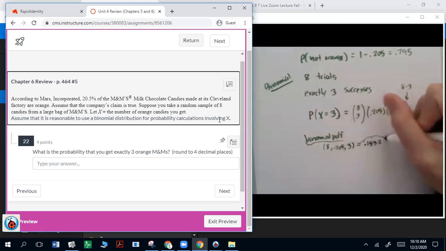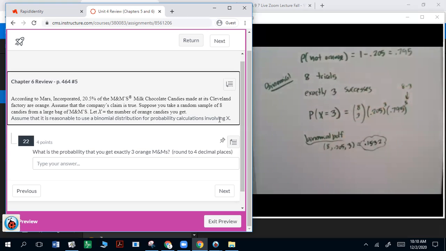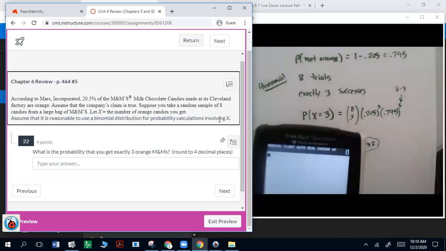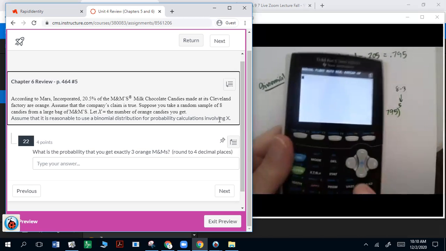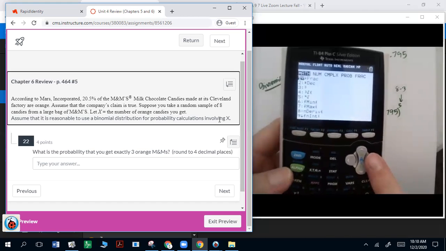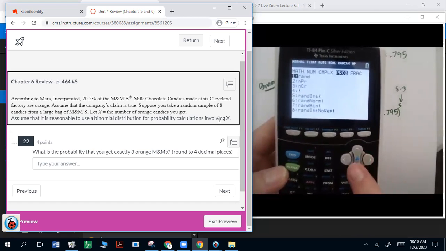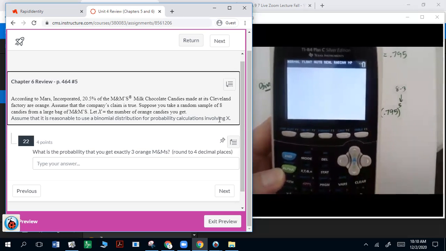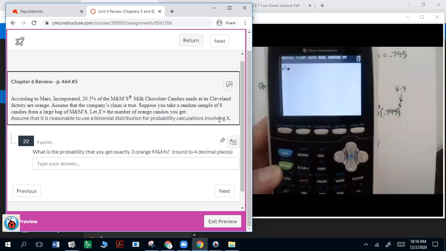Which means if you select 8 M&Ms, the probability of exactly 3 of those being orange would be about 15.32%. If you're doing that by hand, that binomial PDF, you could figure that out. That's just 8C3. So if you're interested in knowing that by hand, just go to math, prob, nCr, 8 choose 3.